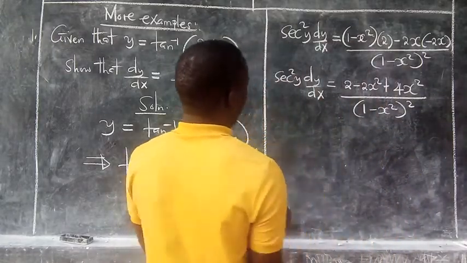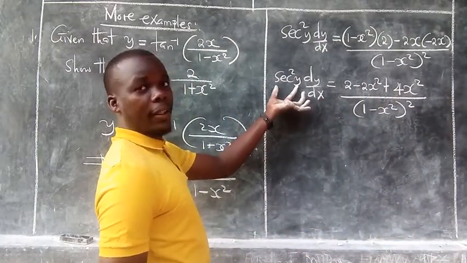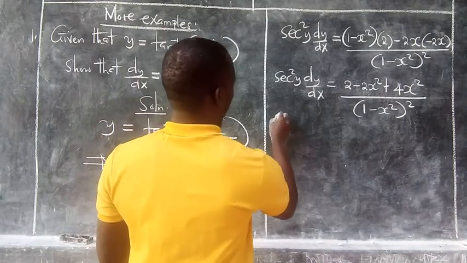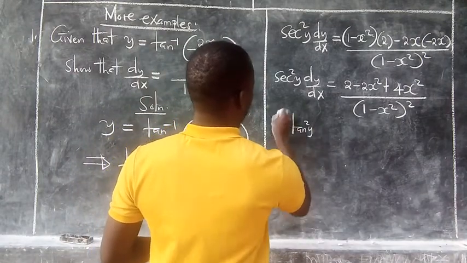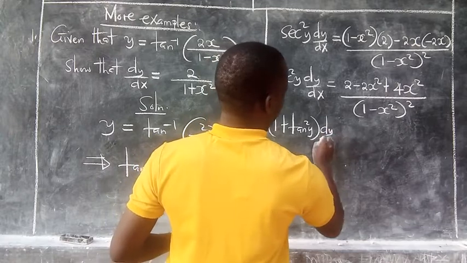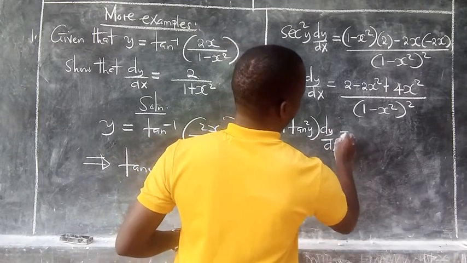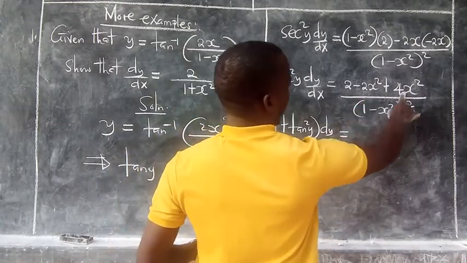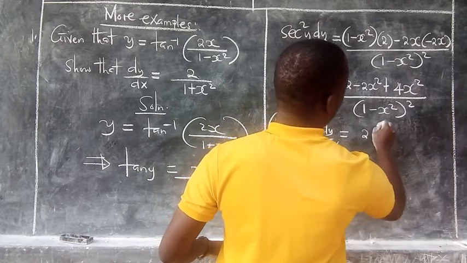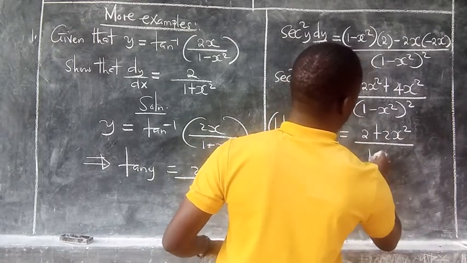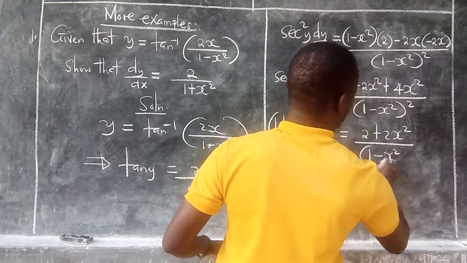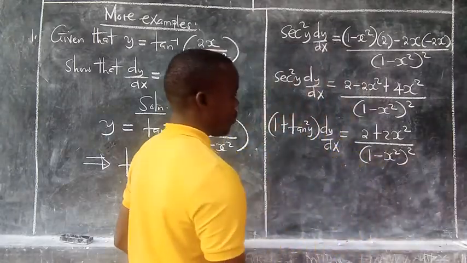So now we can also break down the sec squared. We take it back to 1 plus tan squared of y, so that we have all that into dy dx. And this is equals to, we can realize that this and this can be combined, so that we have 2 plus 2x squared, all this divided by 1 minus x squared, but squared.